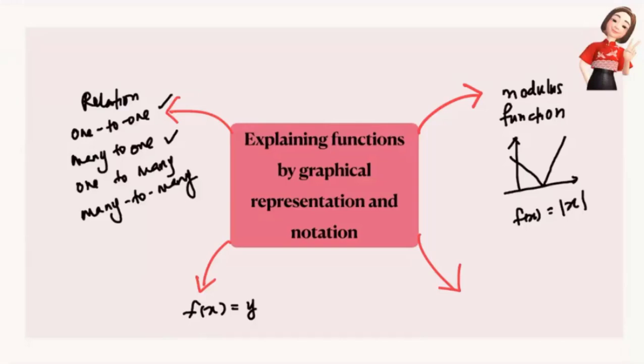Another way is we write f, sorry, no bracket, we use arrow, function notation. So there are 2 methods to write out the functions, either this one or this one. Both can be accepted.